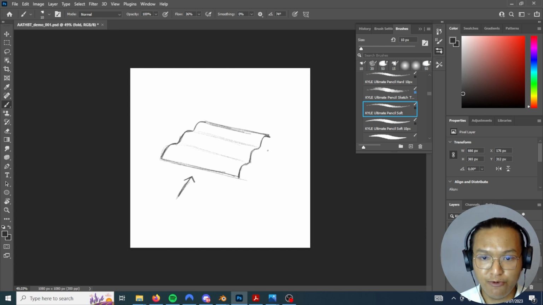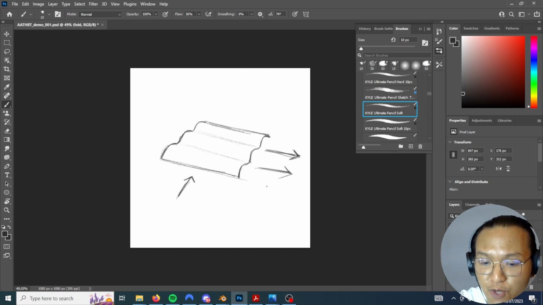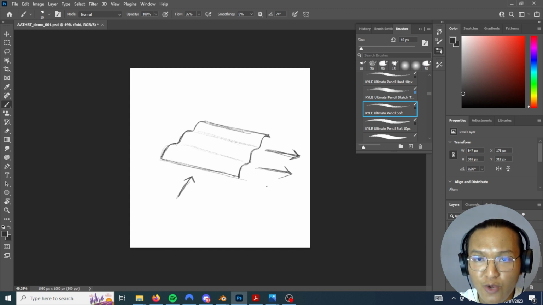This is the direction of the fold, and they will fold horizontally, right? If you notice, the fold direction will be perpendicular to the direction of the applied force, which is this one.